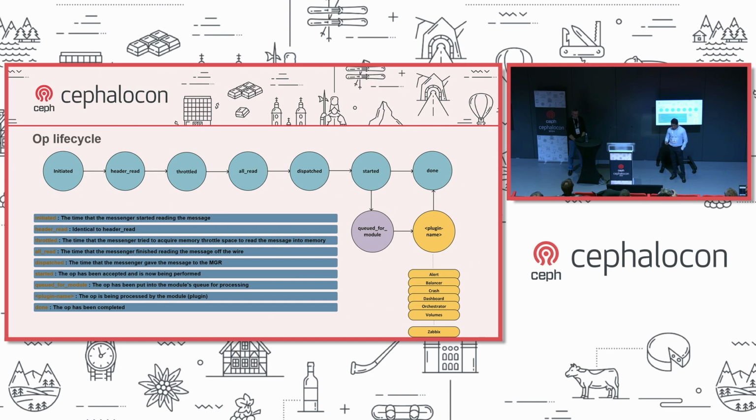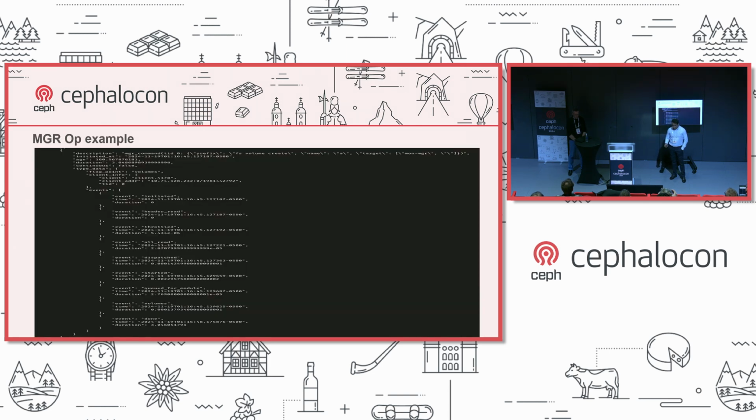Then it's done, the op has been completed. So this is one example which I just got from one of my test clusters. I'm not sure if you're able to see the font properly. This is for the Ceph fs volume creation. As you can see, it took about 3 seconds to finish.